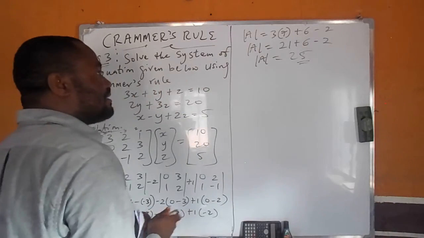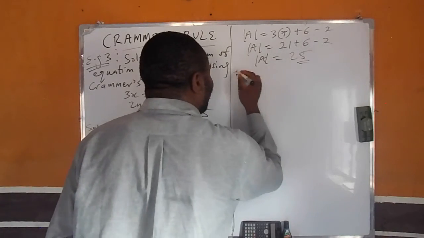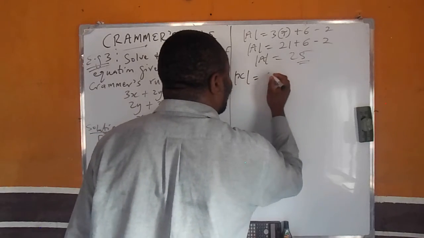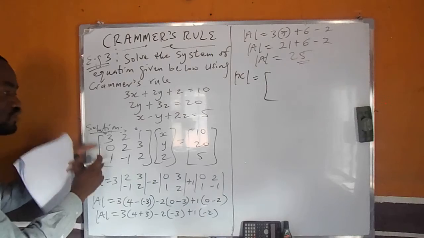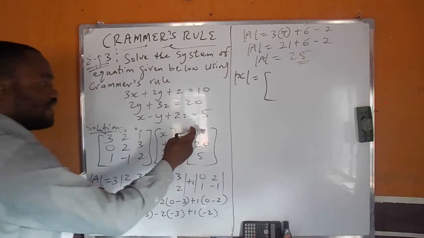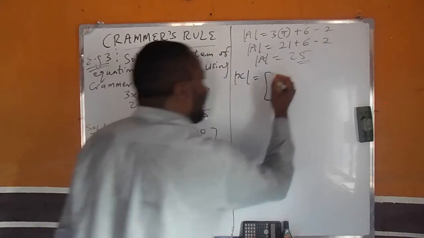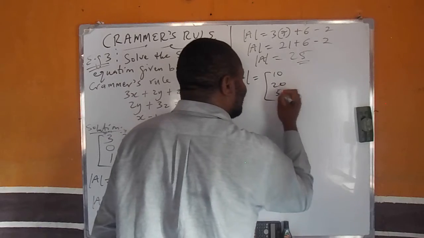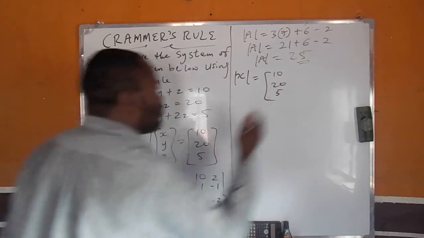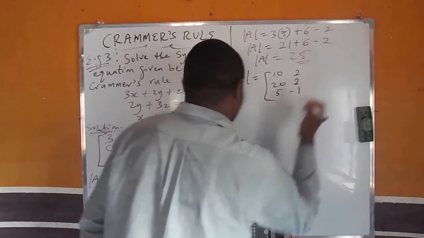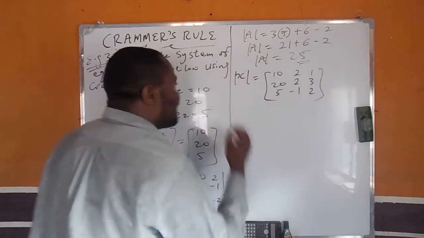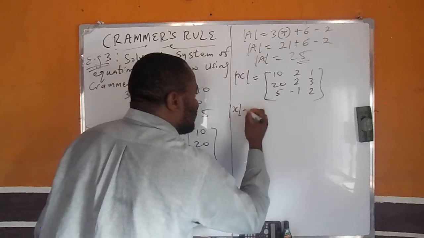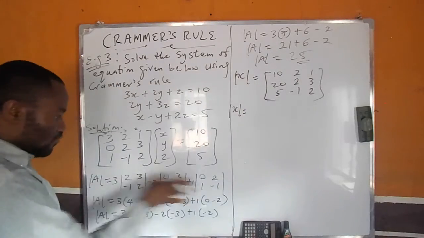So solving for the determinant of x, we have this is x, the first column represented. So we replace it with the answer values, which are 10, 20, and 5. Then we have 2, -1, 2, -1, 1, 3, 2, 1, 3, 2. Now the determinant of x equals, the same way we did, we apply here.